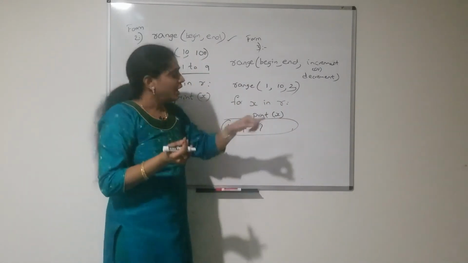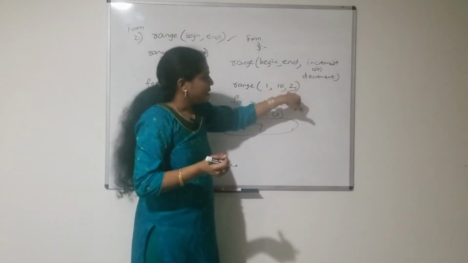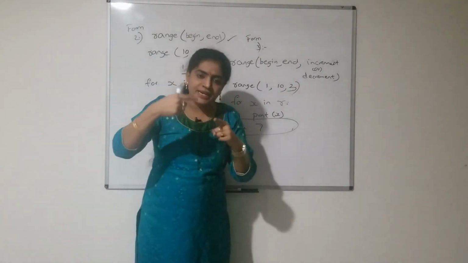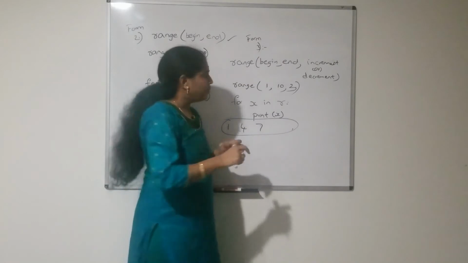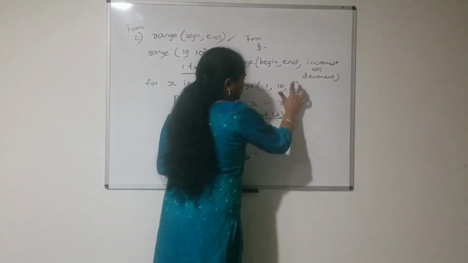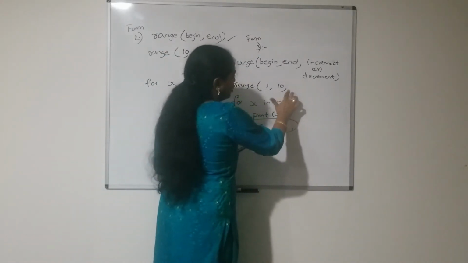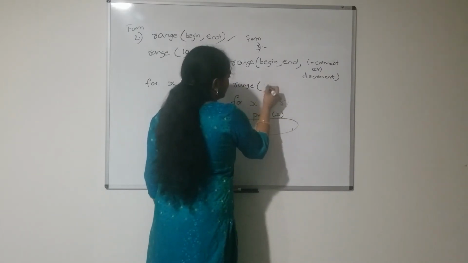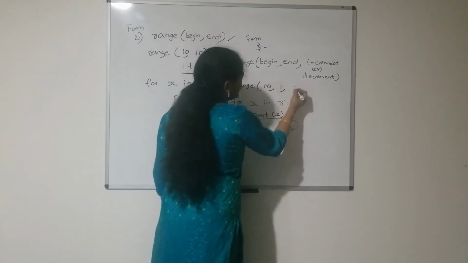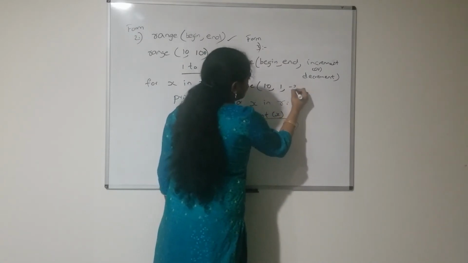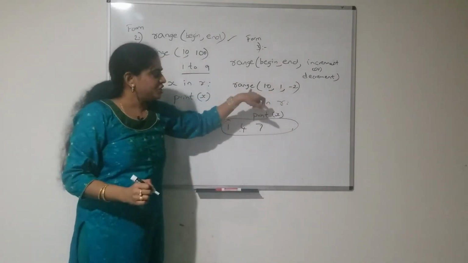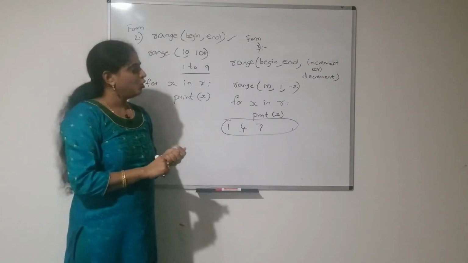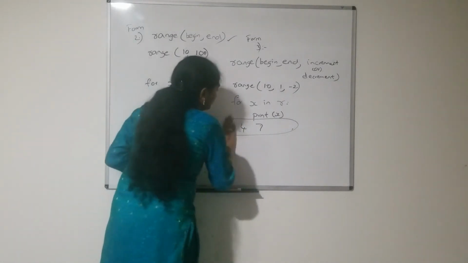Like this, if you give a positive value, it will be considered an increment operator. Suppose you give a negative value. Then the begin will be like this: 10, 1, minus 2. Suppose my range is like this, then what will be the output?